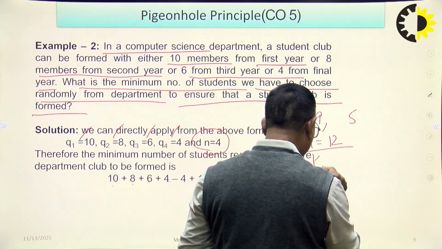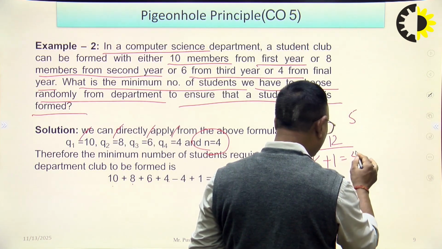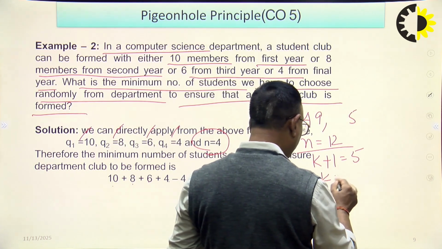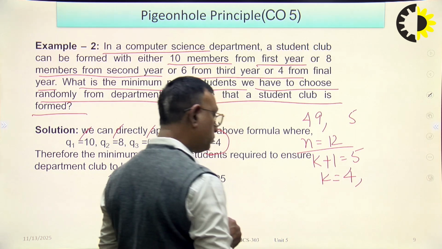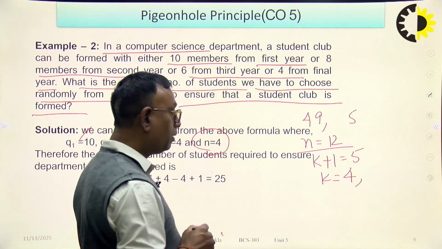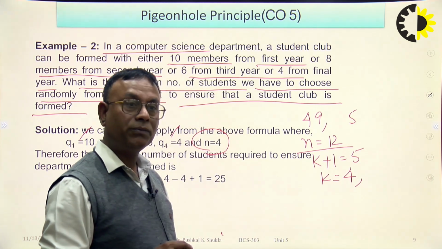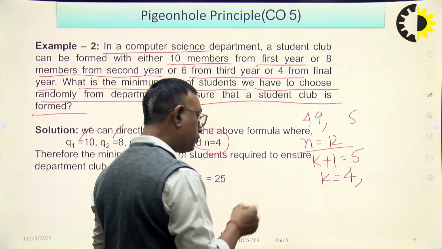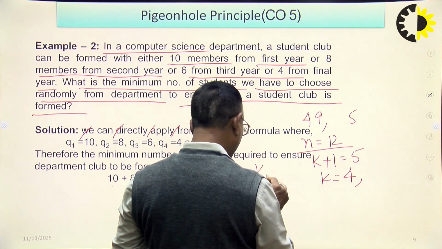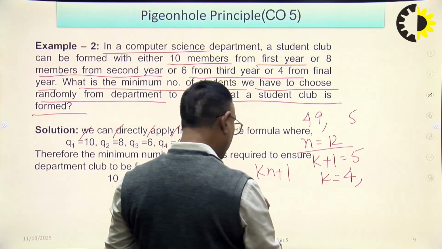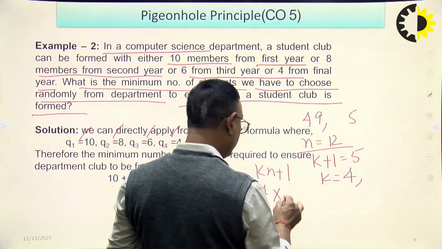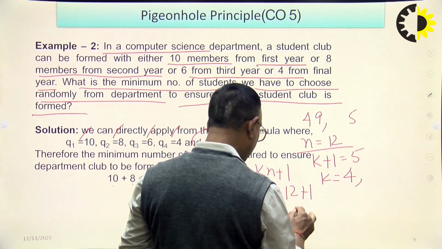So k plus 1 equals 5, and k equals 4. The minimum number of students required is kn plus 1, that is 4 into 12 plus 1, that is 49.